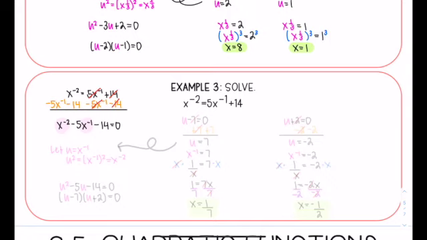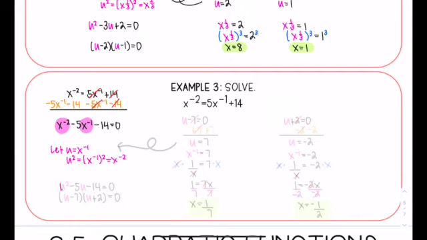So again, looking at that middle variable, x to the -1, you'll notice that x to the -2 is the double of it. So I'm going to let u be equal to x to the -1. And if I were to find u squared, that would just be x to the -1 squared, which is just x to the -2.